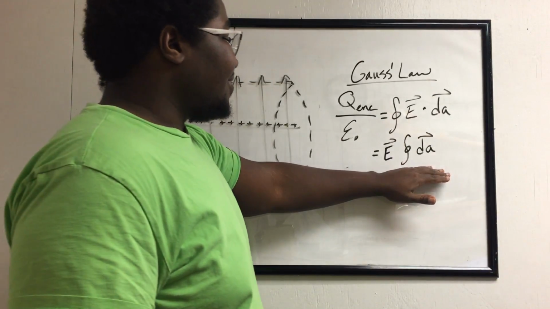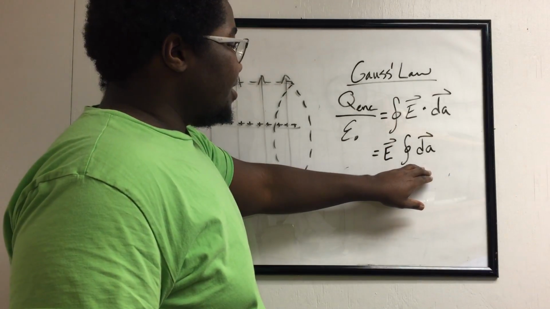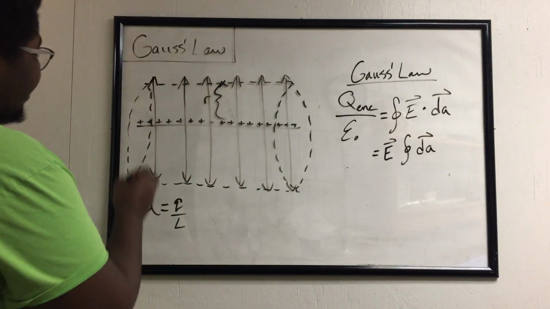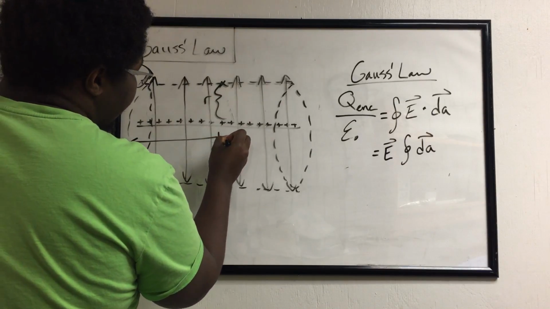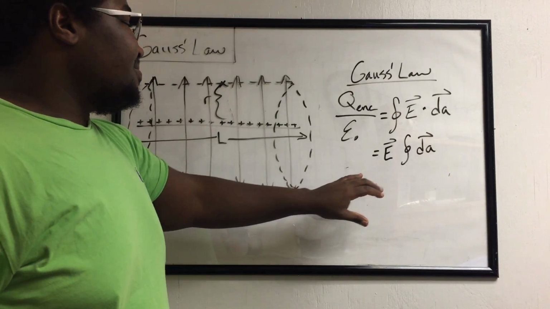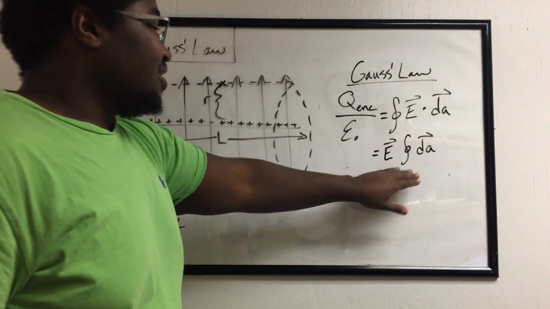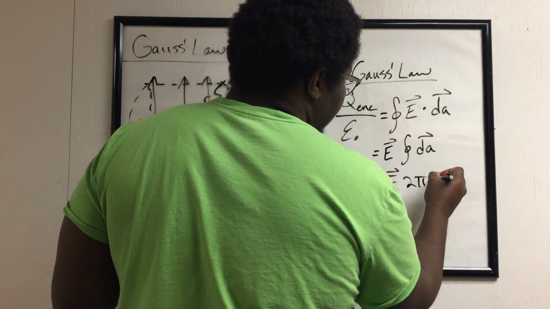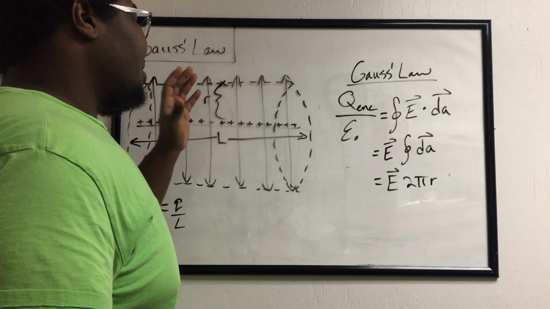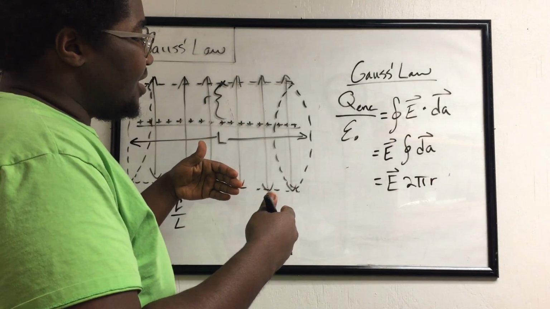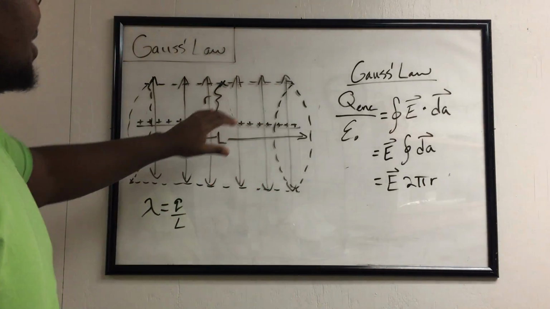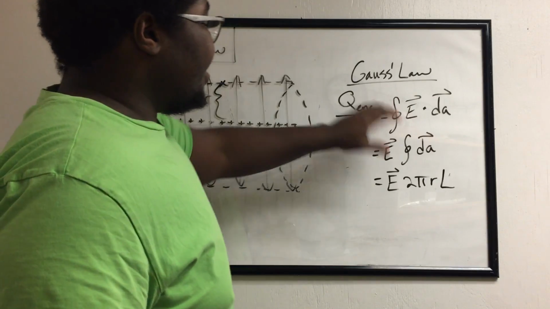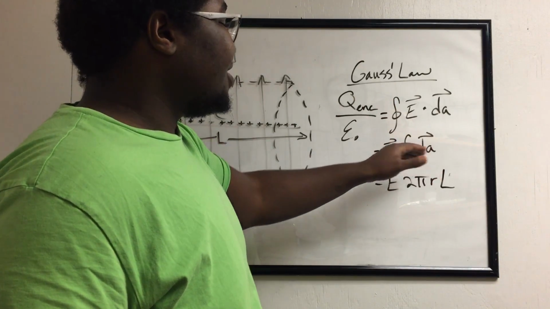So this closed integral right here is equal to the closed surface area. Now since this is a circular shape and this is a length L, we can just denote the area by 2 pi r, which is like the circumference of a circle, but then times L. So we can mold this integral to what we want.